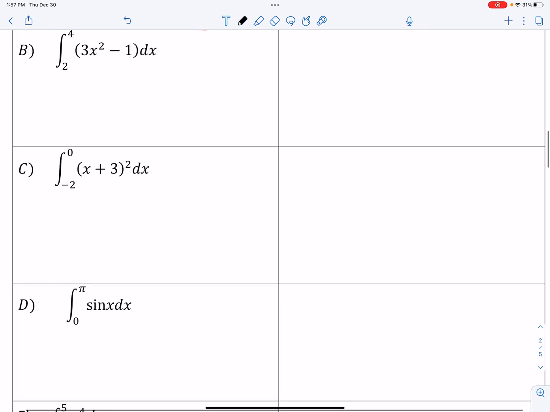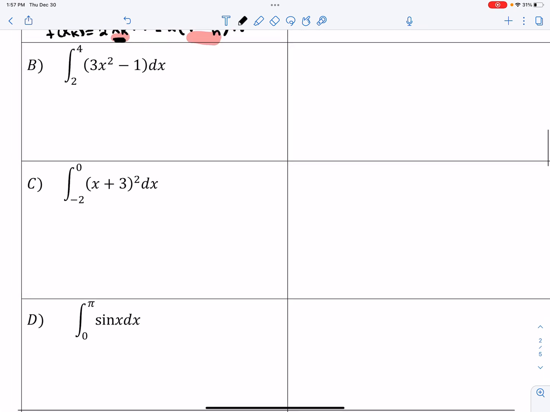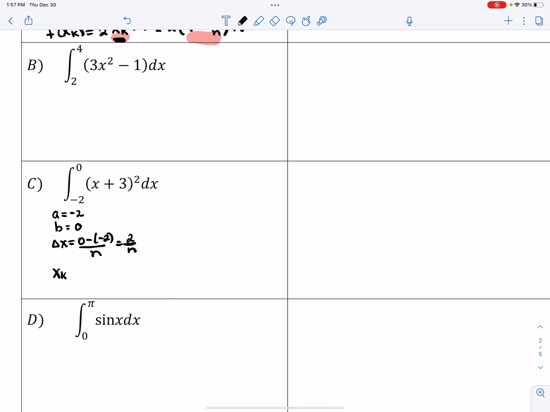All right, let's do C together. In C, a is -2 and b is 0, right? a is always the lower limit of integration. So our delta x is 0 minus -2 over n. That's 2 over n. Our x sub k would be a, which is -2, plus k times 2 over n.